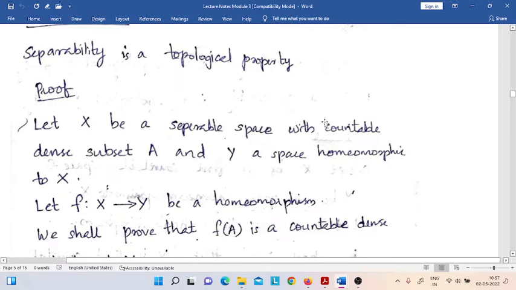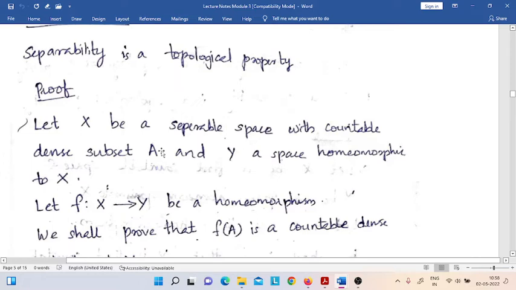If X is separable, then there must exist a countable dense subset A, such that the closure of A is equal to X. So let X be a separable space with the countable dense subset A. That is the name we choose for that countable dense subset.